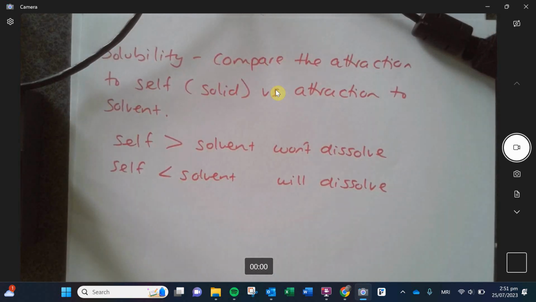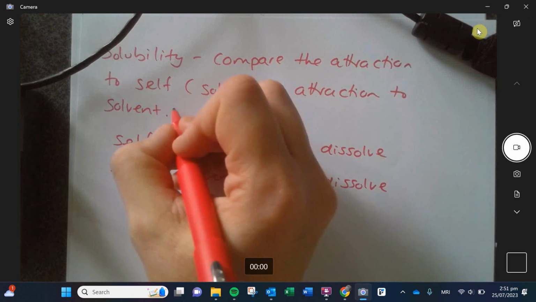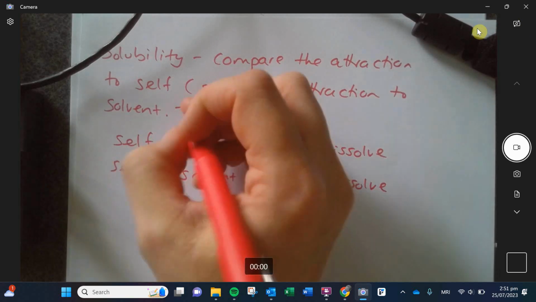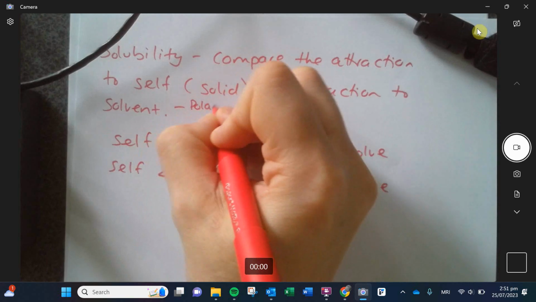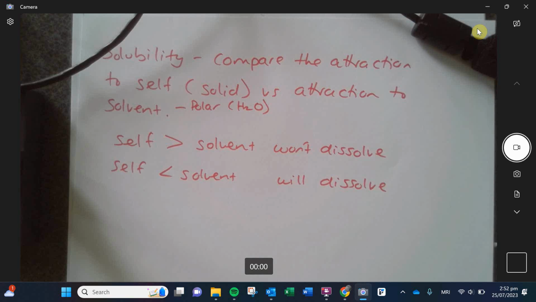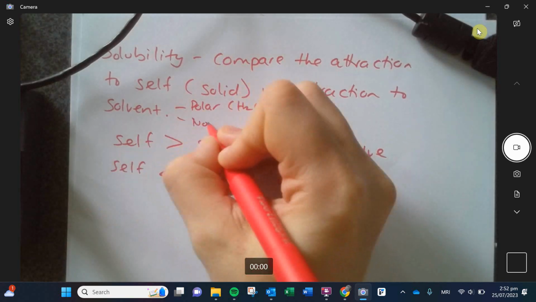Now, the solvent could be something that is polar or nonpolar, and that does influence the answer. So polar, most commonly, if they give you something that's polar, they'll give you water, or it could be something that's nonpolar.